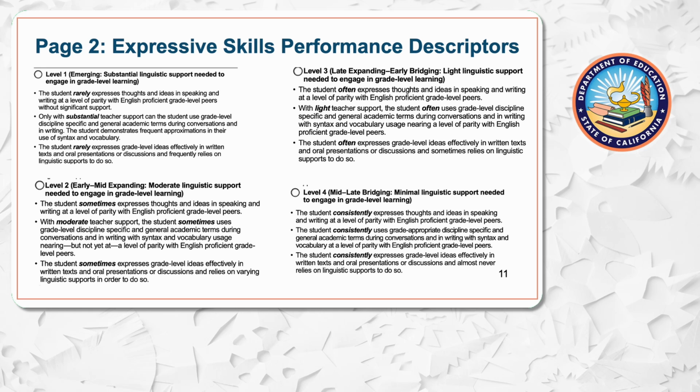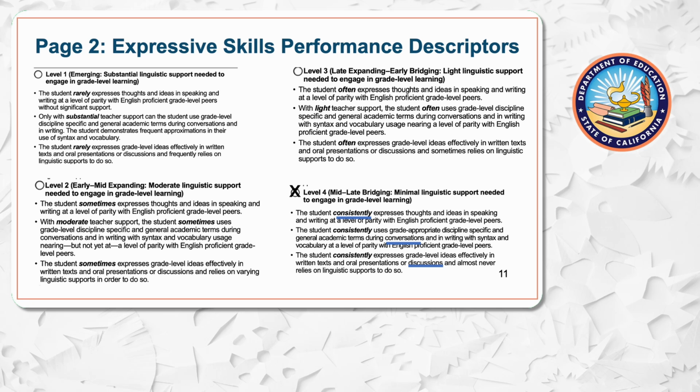With regard to speaking, my student consistently expressed her thoughts and ideas at a level of parity with her 4th grade English proficient peers. She used grade-appropriate, discipline-specific, and general academic vocabulary and syntax in her partner and small group discussions, and she did so without linguistic support. I would consider her speaking proficiency at a level 4.